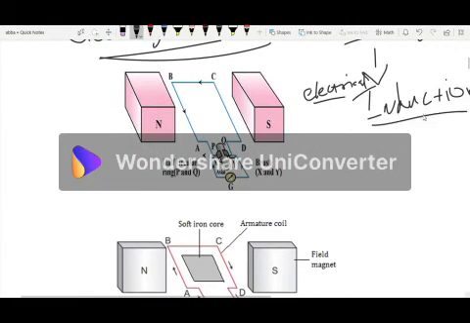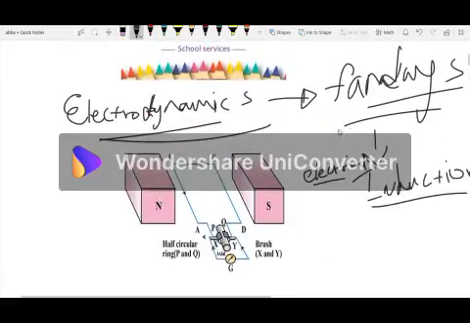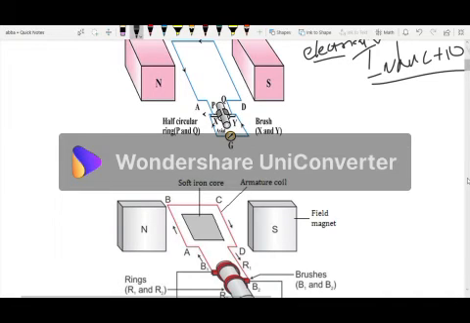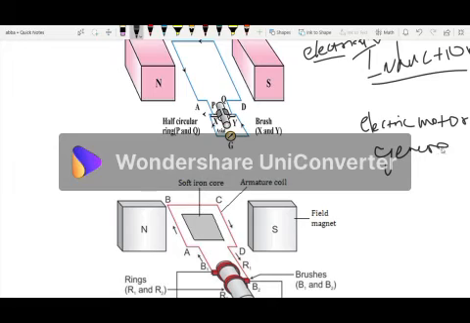Right. So now what happens with electrical induction is that we have two types of devices. As we were studying in grade 11, we realized that we have different types of machines. The first one, we have an electric motor, right? An electric motor. And we also have a generator, right? So now with electric motors, when we spoke about this, we said they convert electrical energy to mechanical energy.